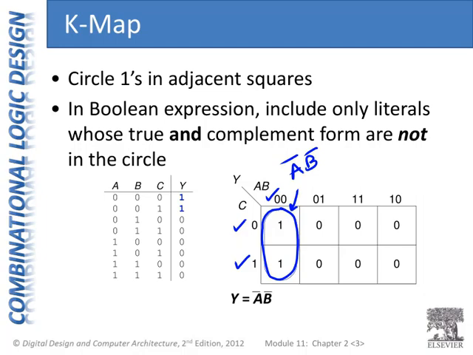That's the only form of A and B included in that circle. But C has both forms covered by the circle, so C is not included in our term. And we can graphically reduce it to Y equals A bar B bar.